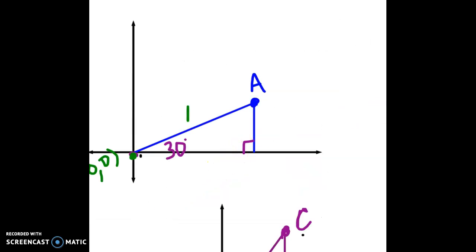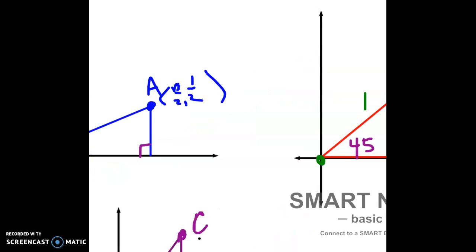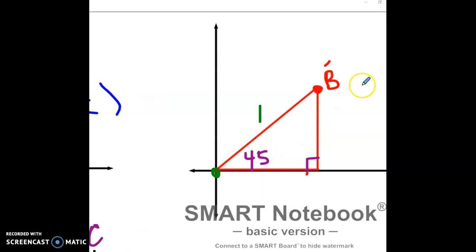And we would do that for all of the points. So for A, square root of 3 over 2 and 1/2.